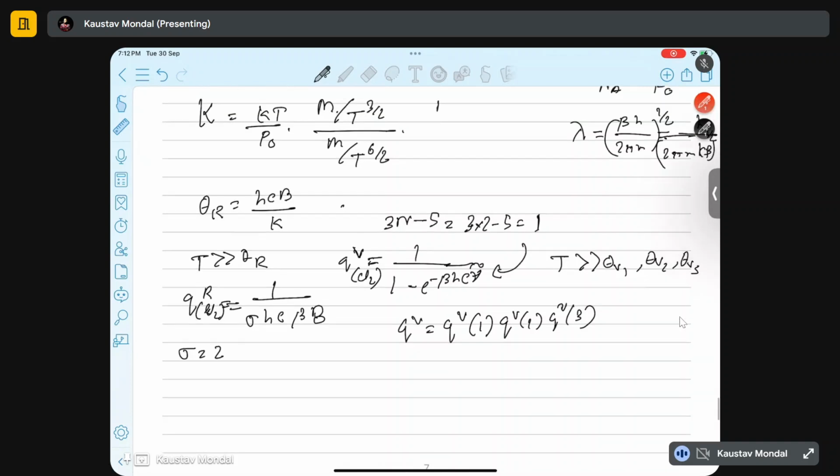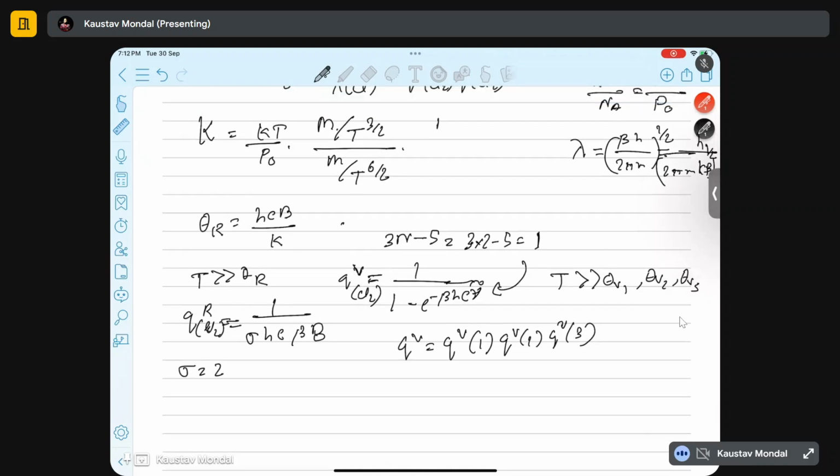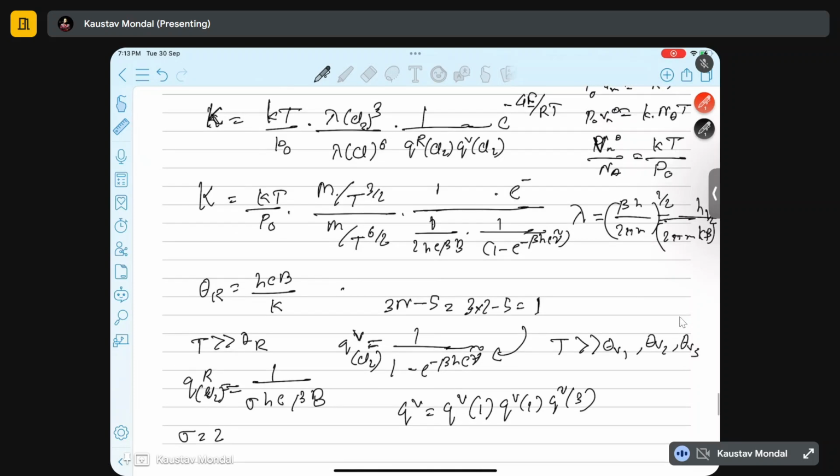Since there is just one independent mode, there is only a single contribution, right? So that means it will be 1 by 1 minus e to the power minus beta hc nu tilde, into e to the power minus delta E by RT. This is the expression of constant K. This is the whole expression.